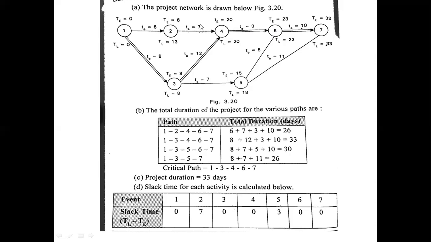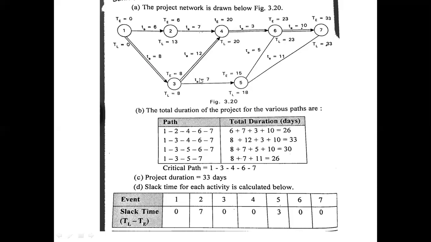That is one path. Another path is 1, 3, 4, 6, 7. How much is it going to take? 8 plus 12 is 20, 20 plus 3 is 23, plus 10 is 33.